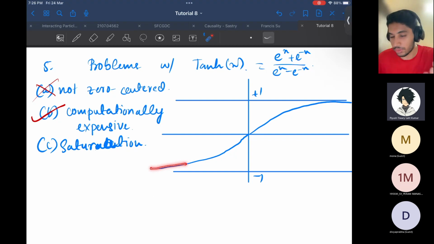Similarly, on the negative side, it is going closer to minus one, but not exactly touching it. These are the regions where it will remain more or less constant. It will increase by very little, and hence it will look almost constant. So they do have saturation points, and hence saturation is an issue.